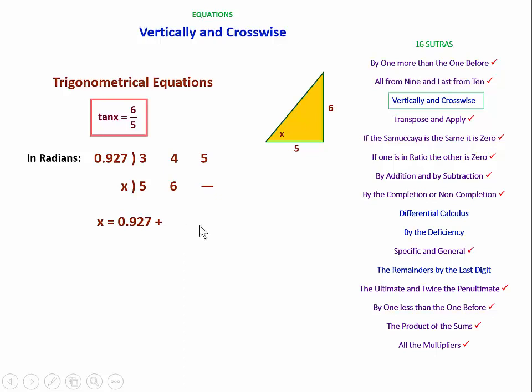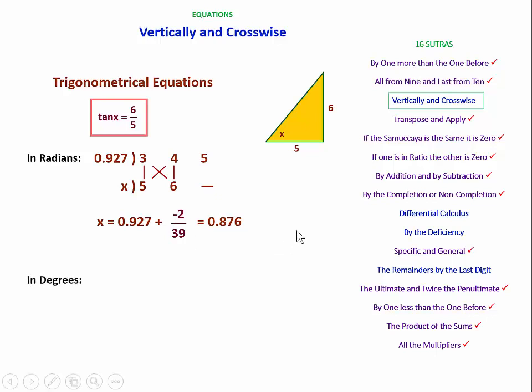And the adjustment is given by vertically and crosswise. We multiply crosswise and subtract. So we get 18 take away 20 is minus 2. That gives us the numerator here. And we multiply vertically and add. We get 15 and 24 is 39, which gives us the denominator. And that's easy enough to work out, which gives us our adjustment value and gives us the answer in radians.